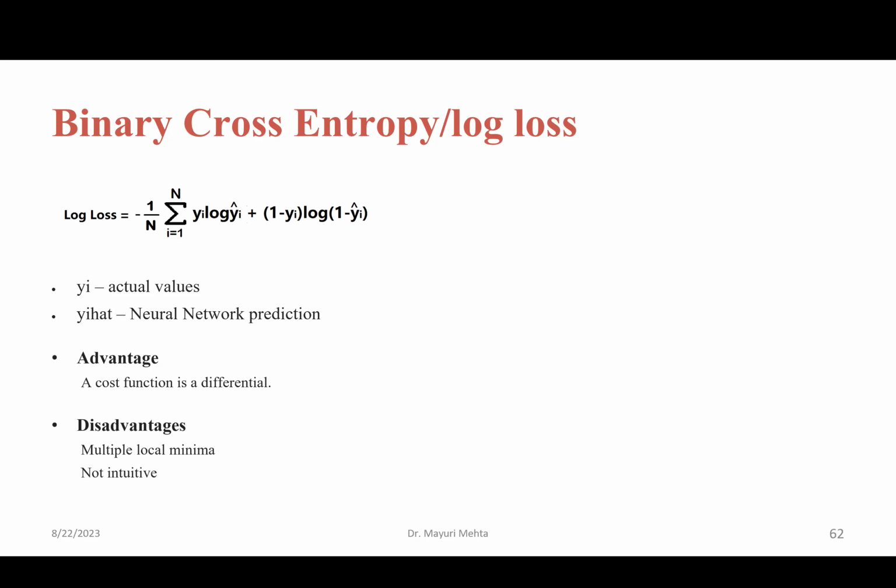Binary cross entropy compares each of the predicted probabilities to the actual class output, which can be either 0 or 1. I hope you know how binary classification works: when it is classification, we calculate probability, and based on the probability, the class is determined.